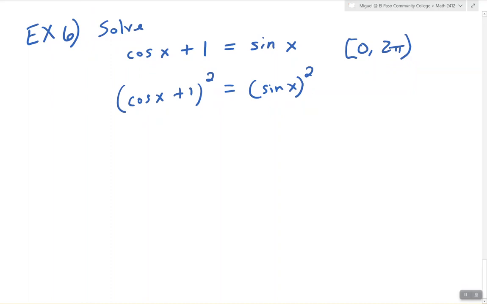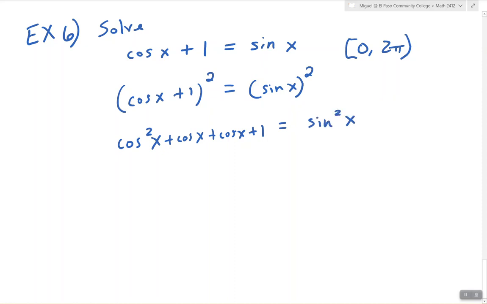So what do I get if I do cosine of x plus 1 squared? Cosine times cosine is cosine squared. Cosine times 1 will be plus cosine of x. 1 times cosine will be cosine of x. So I'm doing the FOIL here. And then 1 times 1 is 1. And over here we'll just have sine squared.